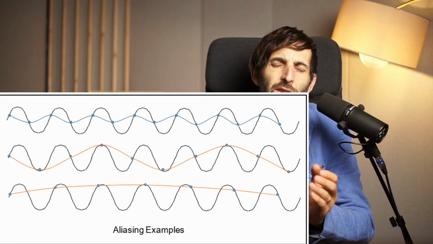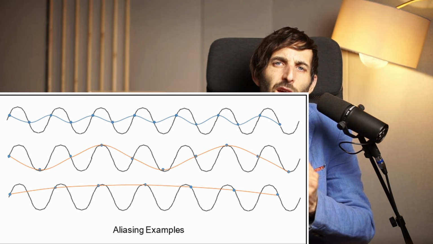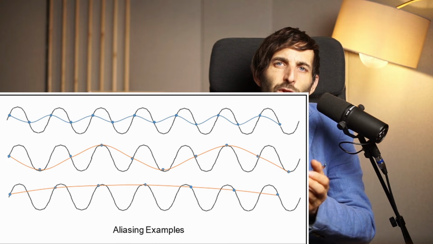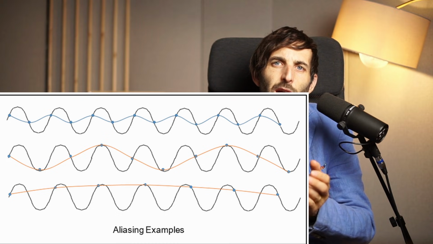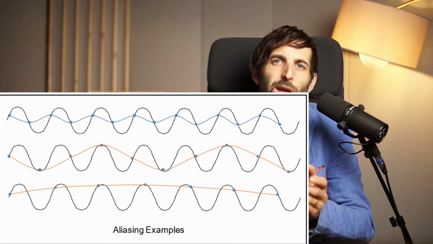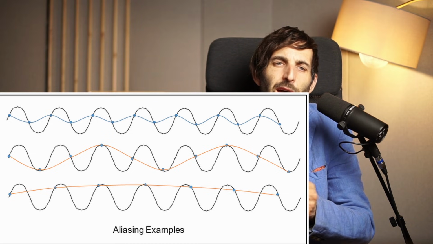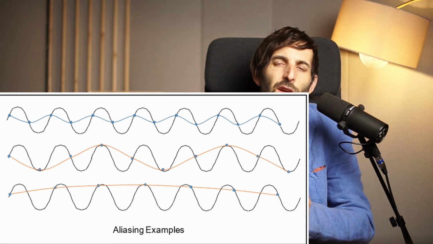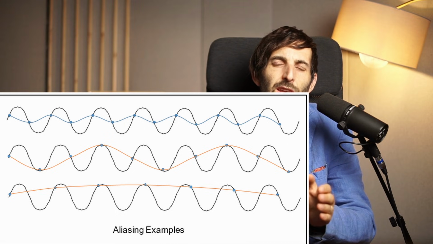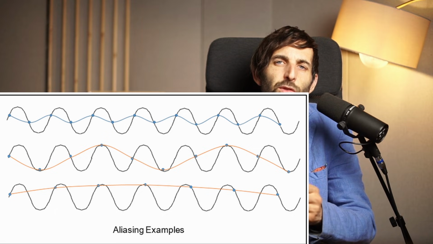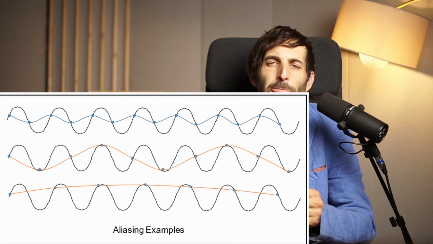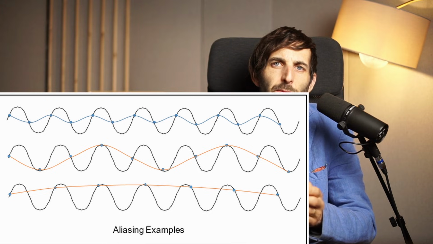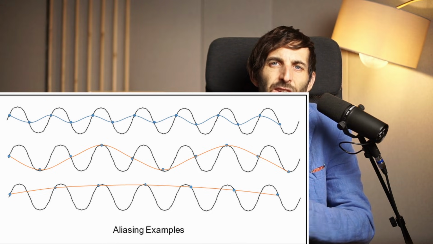But if it's higher than that, now you can't represent it only with 2 samples because you've kind of run out of resolution. It's like looking at a really pixelated image. So there's a limit to what you can represent, and the limit is the Nyquist frequency. And if you go higher than that, then you're not going to be able to represent the audio because you've just run out of data points. And so it becomes mathematically ambiguous what it's actually supposed to be.